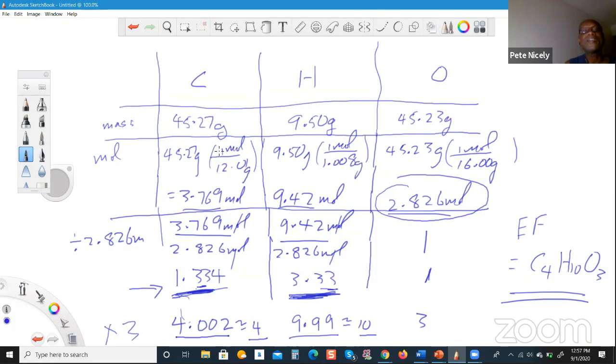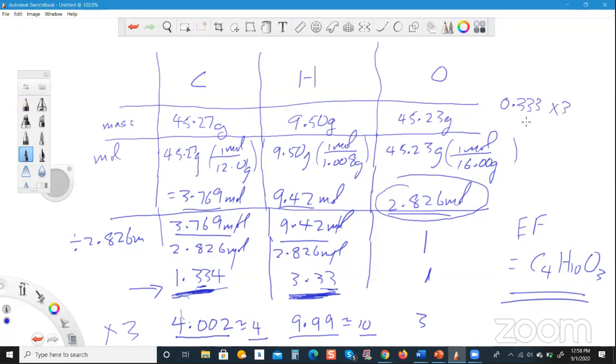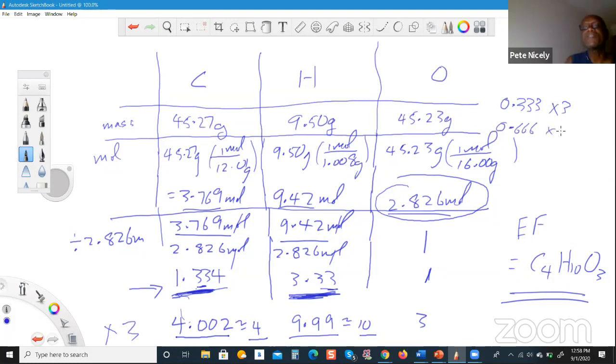Let me just find a space somewhere to write what I'm saying. If you have a recurring 3 after the decimal point, you multiply by 3. If you have a recurring 6 after the decimal point, you multiply by 3.